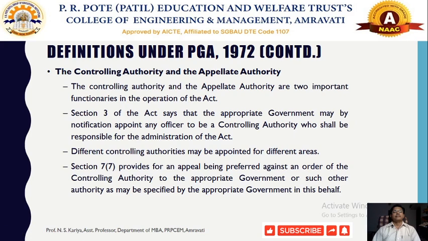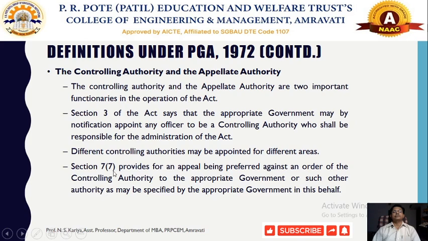Different controlling authorities may be appointed for different areas, maybe on a region to region basis. According to section 7 subsection 7, an appeal may be preferred against the order of the controlling authority to the appropriate government or such other authority as may be specified by the appropriate government in this behalf.